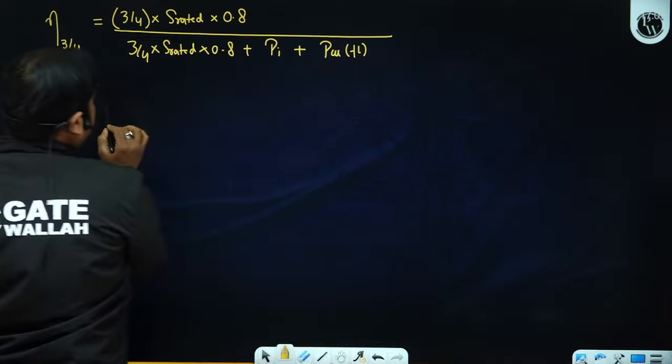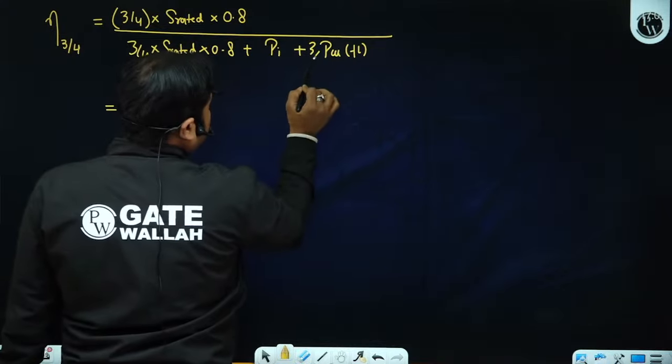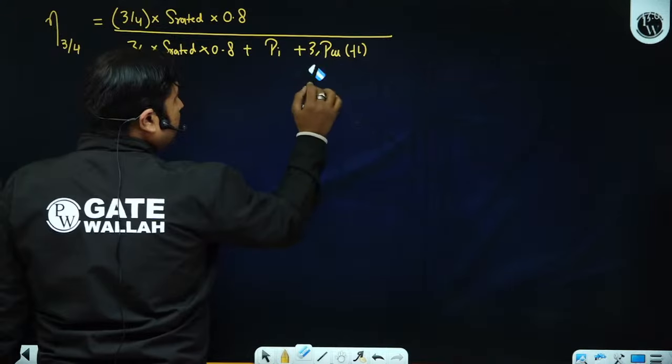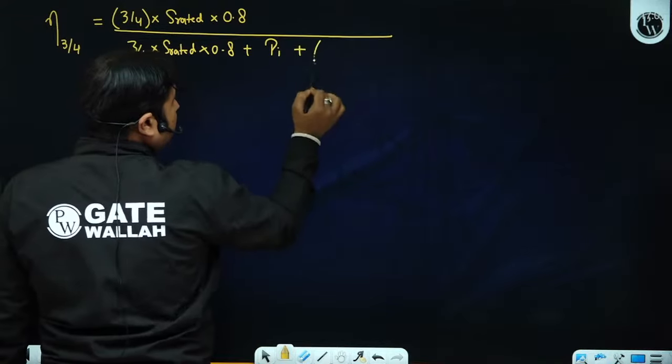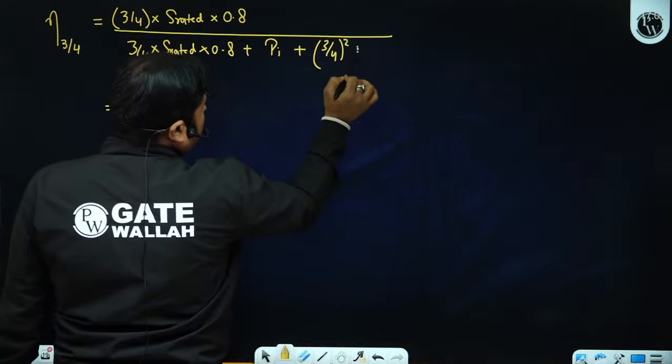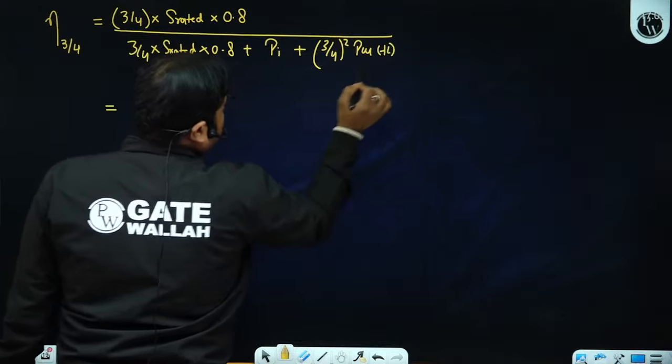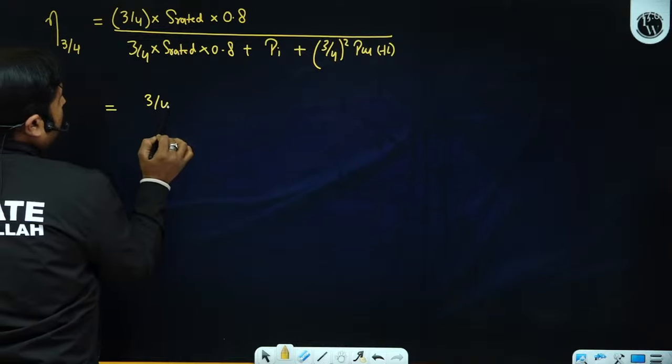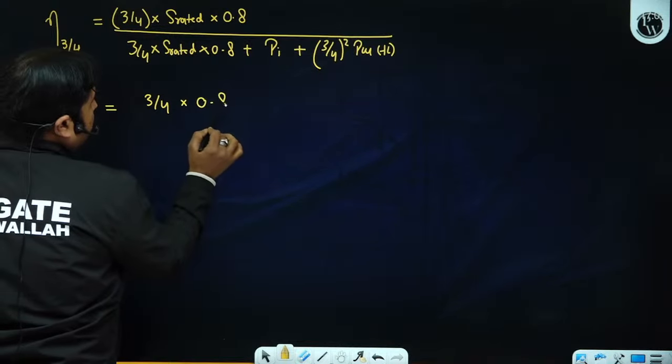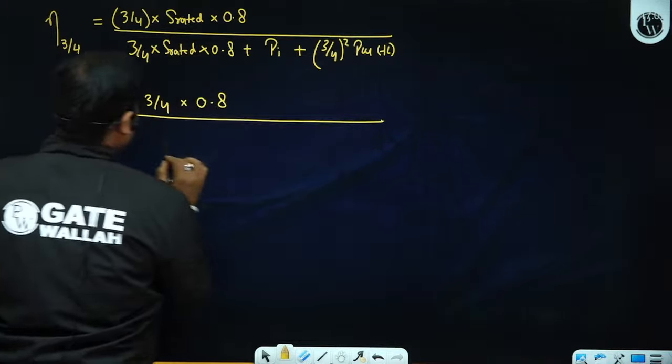So one can represent it as (3/4) square times PCU FL. So (3/4) square PCU FL.